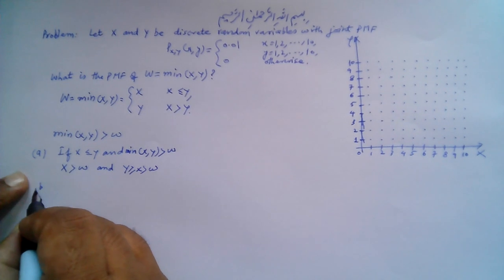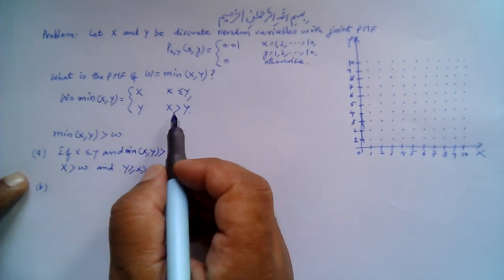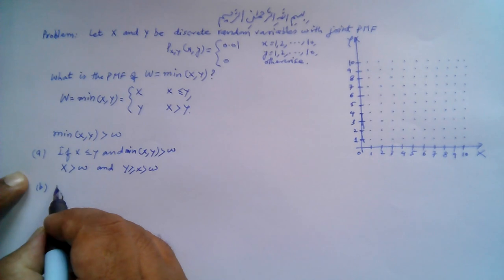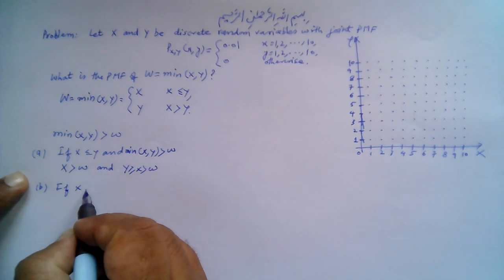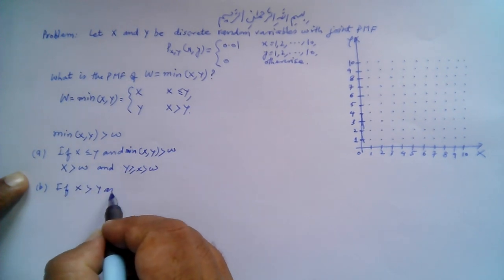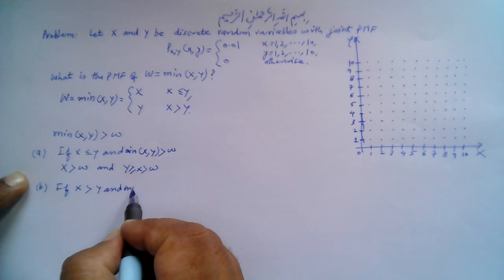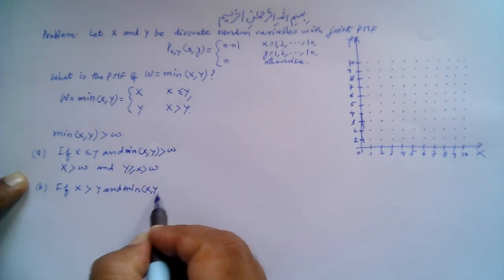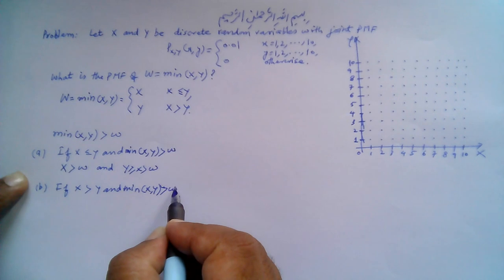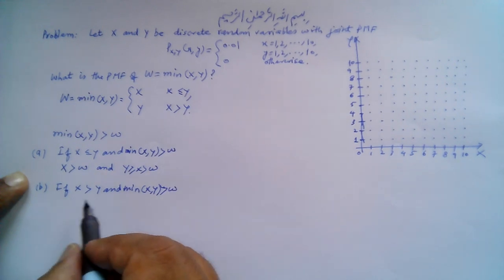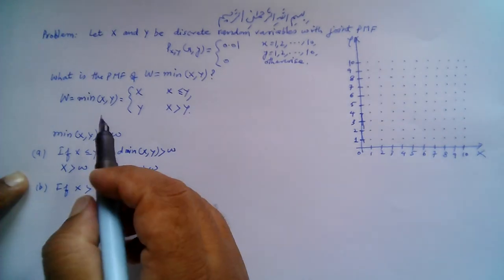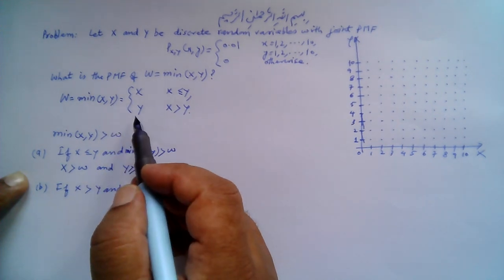And in the second scenario, when x is greater than y, and min of x, y is greater than some value w, in that case the minimum of x and y is y, right?